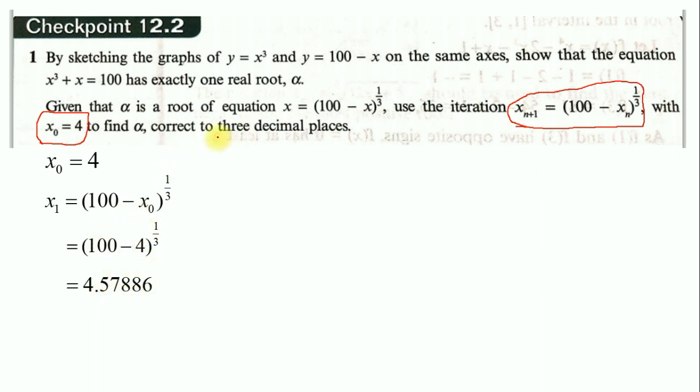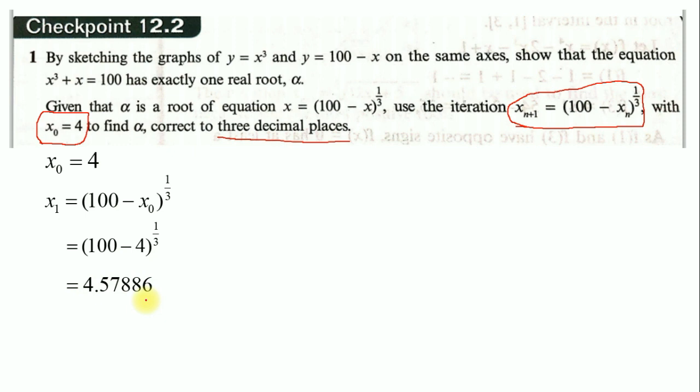Since the question asks you to round off to 3 decimal places for the final answer, your approximation must be at least 2 decimal places more than the one stated in the question. So I will round off to 5 decimal places here for the first approximation.